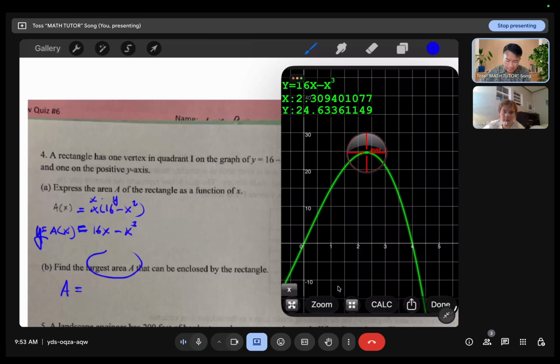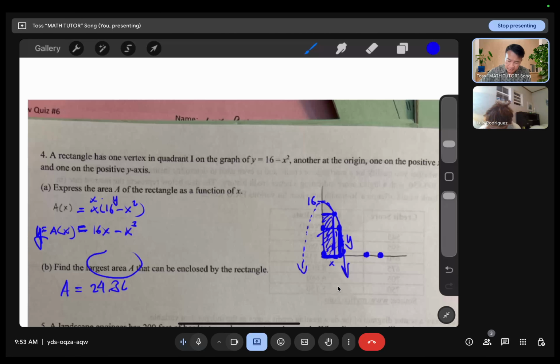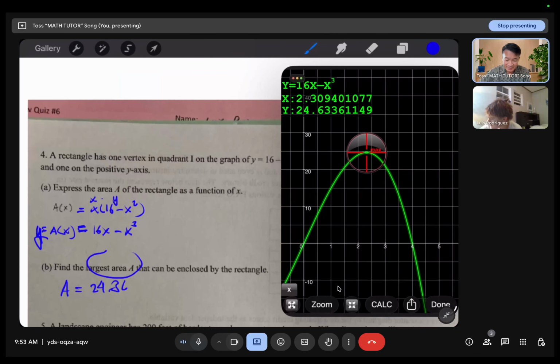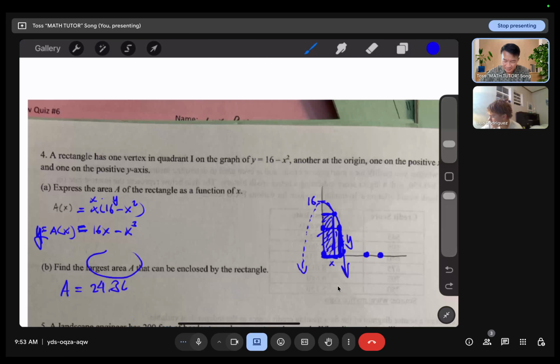Okay, I'll go ahead and do this. At 24.63, that's the largest area. What is it, 36 or 63? I said 63, not 36. 63. That's the largest area. You can label it largest.